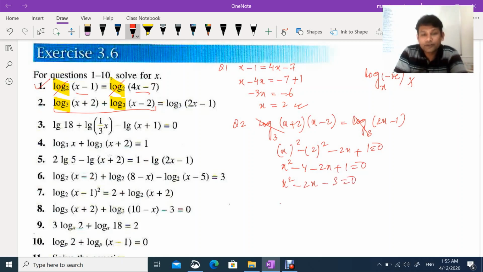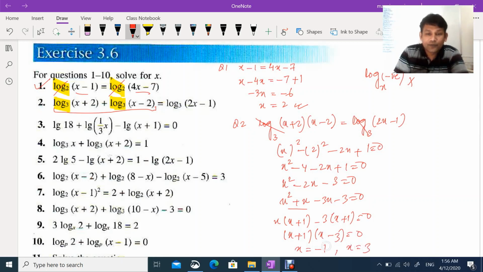Okay, factors: multiply to get 3, minus to get 2, so 3 and 1. So we can write 1x and minus 3x, so the common factor is x plus 1, giving x plus 1 once and x minus 3. So x is minus 1 and x is 3.